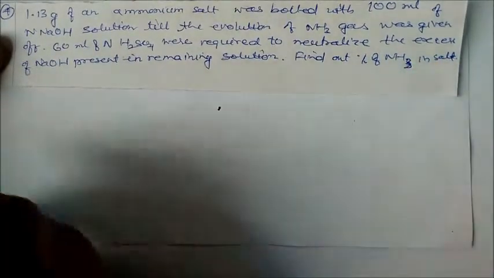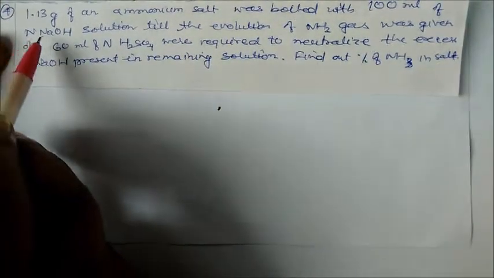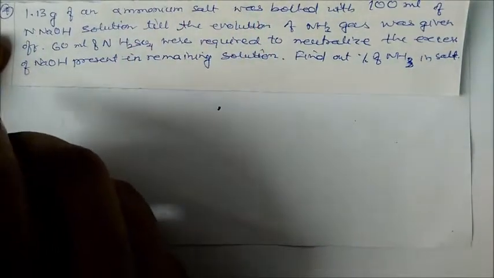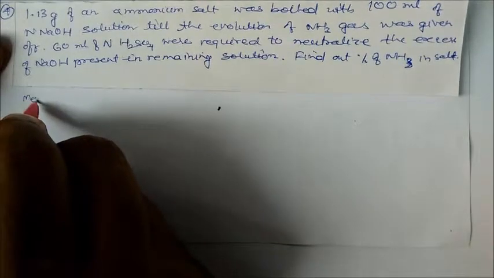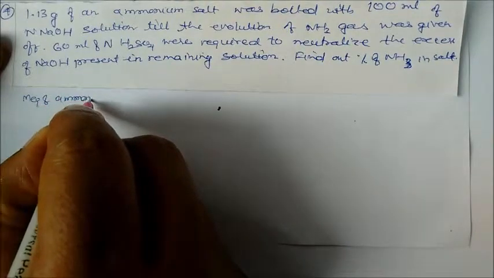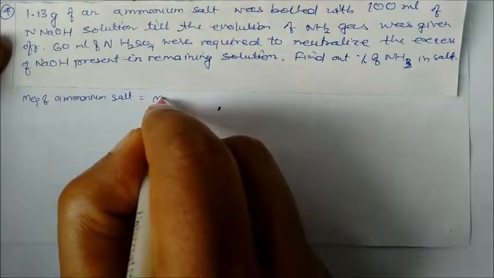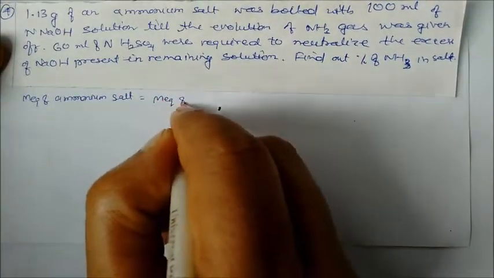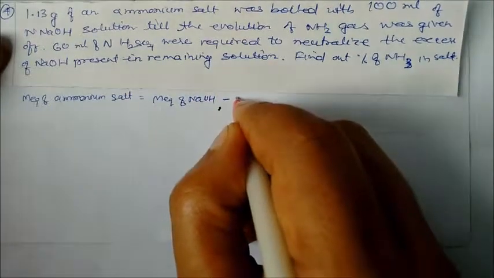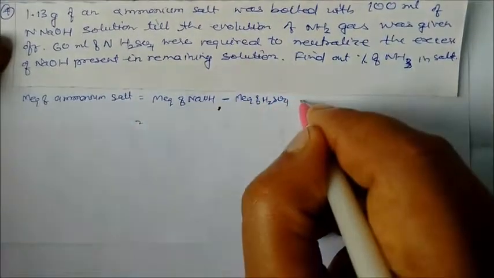So the milliequivalent of ammonium salt is the milliequivalent of sodium hydroxide minus the milliequivalent of H2SO4, because from here ammonia gas was released. The sodium hydroxide is in excess, and subtracting the milliequivalent of H2SO4 will give you the milliequivalent of ammonia.